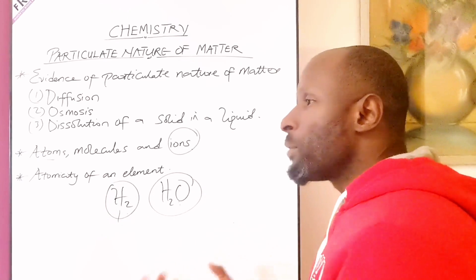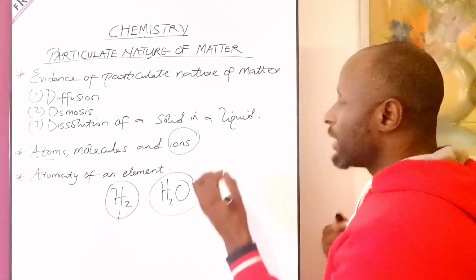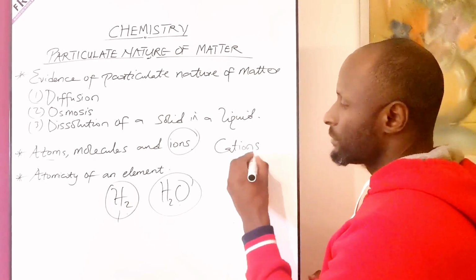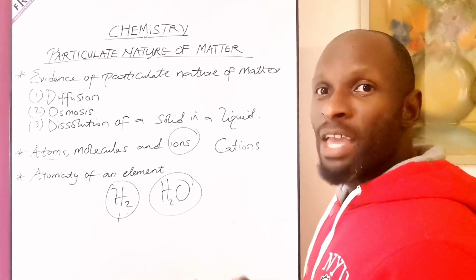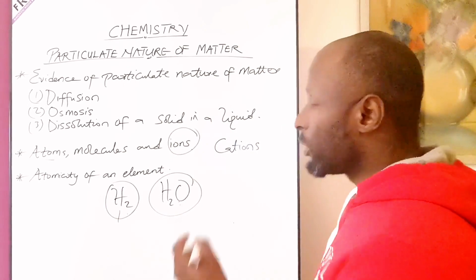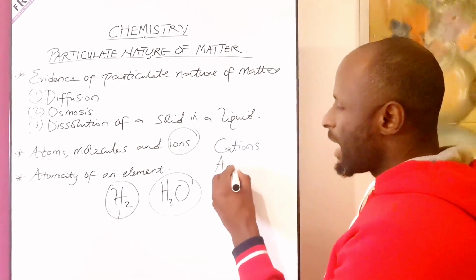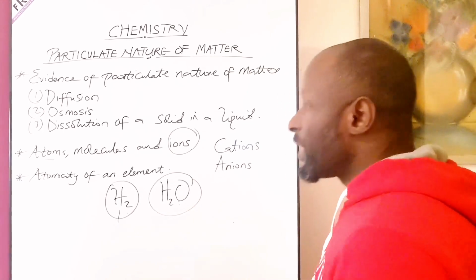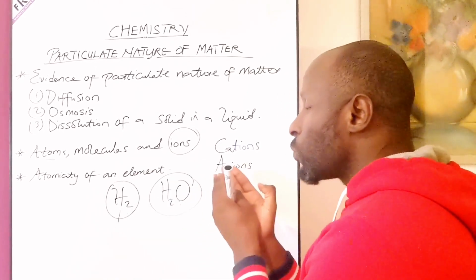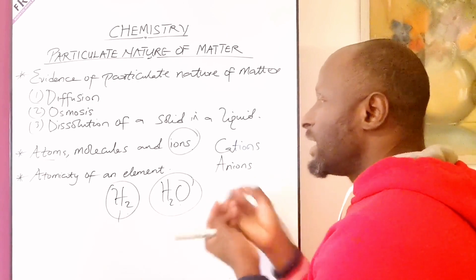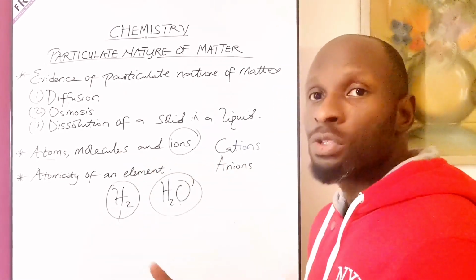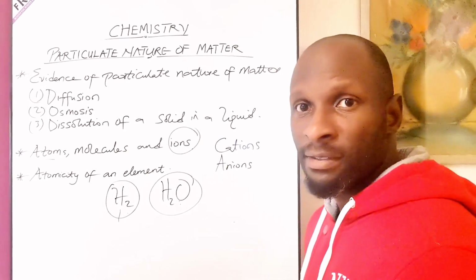If the ions are positively charged, we are talking about cations. Okay? If the ions are negatively charged, we are talking about anions. Okay? So the difference between molecules and ions is the charges that the ions possess, which the molecules don't possess.